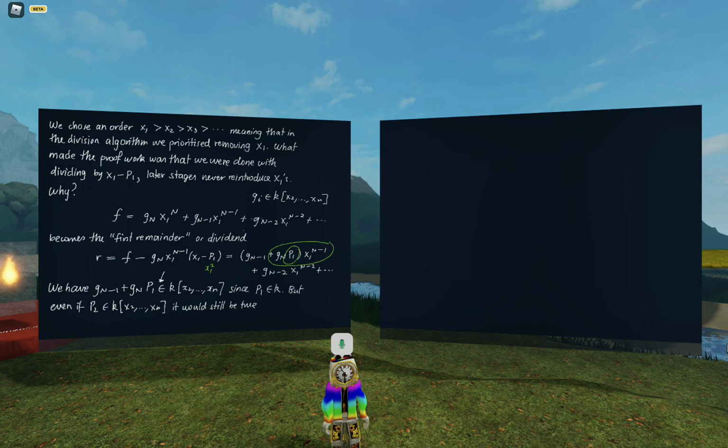So the degree of x1 wouldn't even be going down as I try to do my division. And if the degree of x1 doesn't go down, then why should I ever finish? What's the point? What am I doing? So clearly I want, okay, if there are no x1s in P1 at all, then everything's fine.